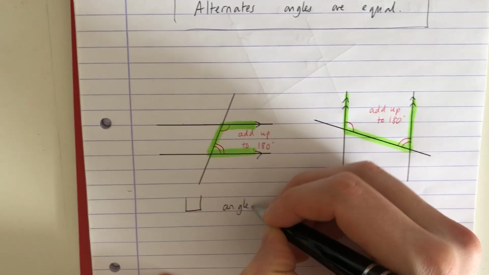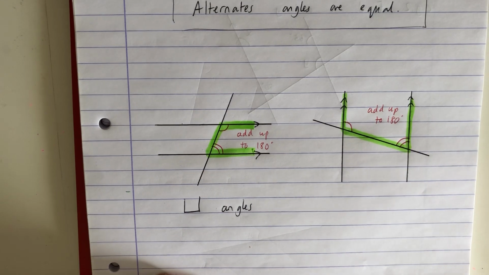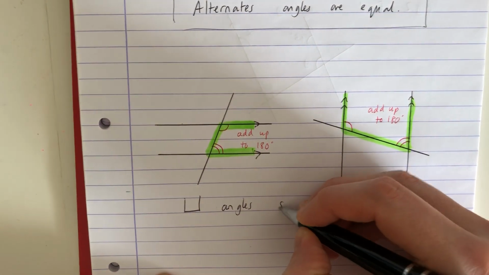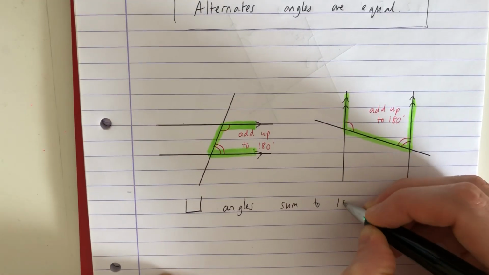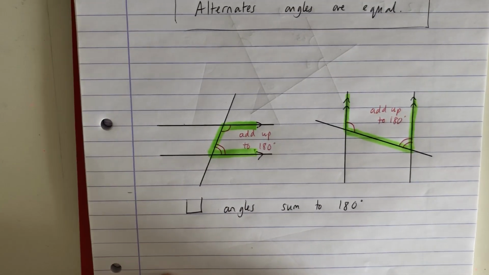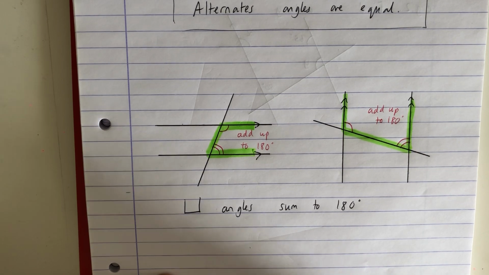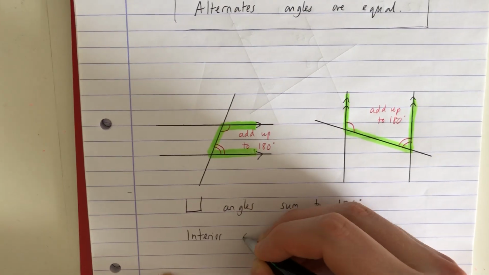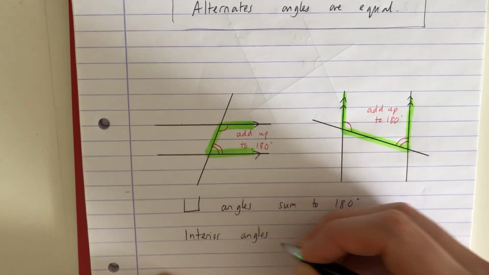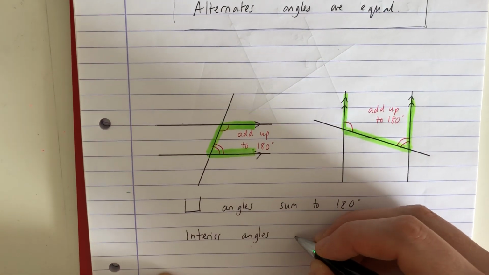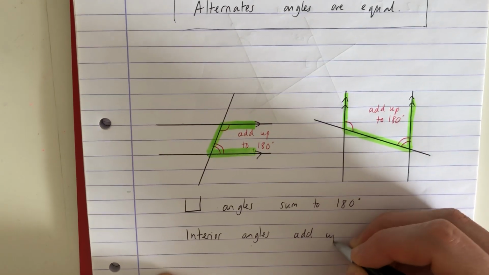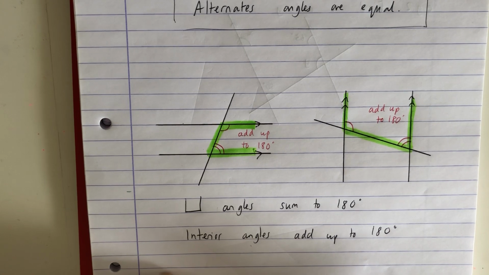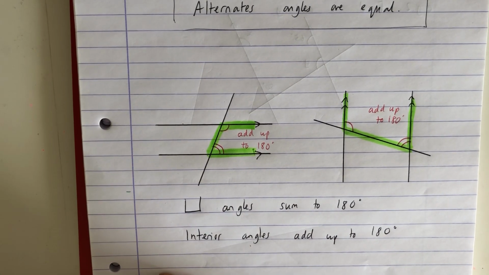U angles. And they're not equal, they sum to 180 degrees. Now the fancy word for a U angle is an interior angle. Interior angles add up to 180 degrees.